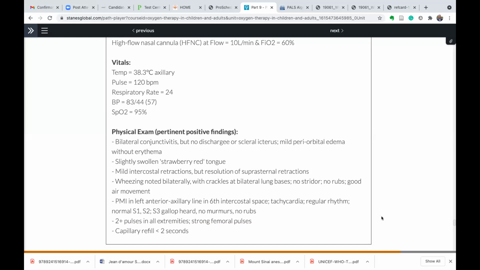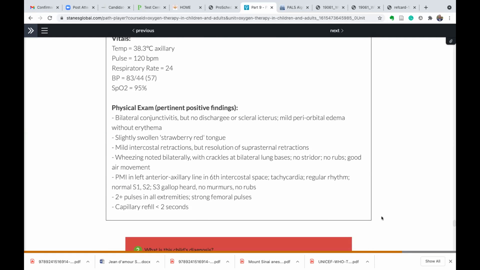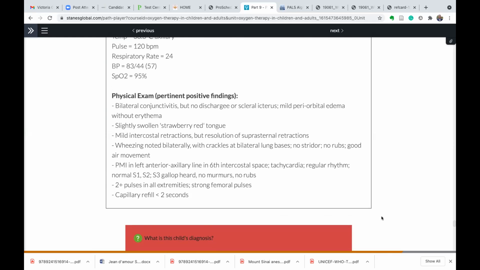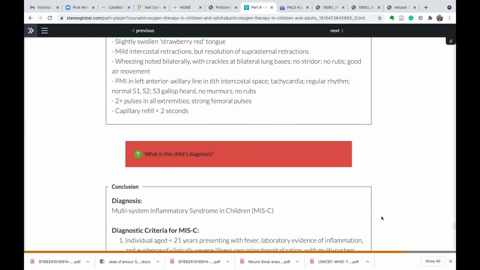You have wheezing, crackles, but no stridor, and you have good air movement. You have tachycardia and the regular rhythm. You have normal S1, S2, and there's no murmurs. So you have strong pulses now, and the capillary refill time has improved to below 2 seconds.